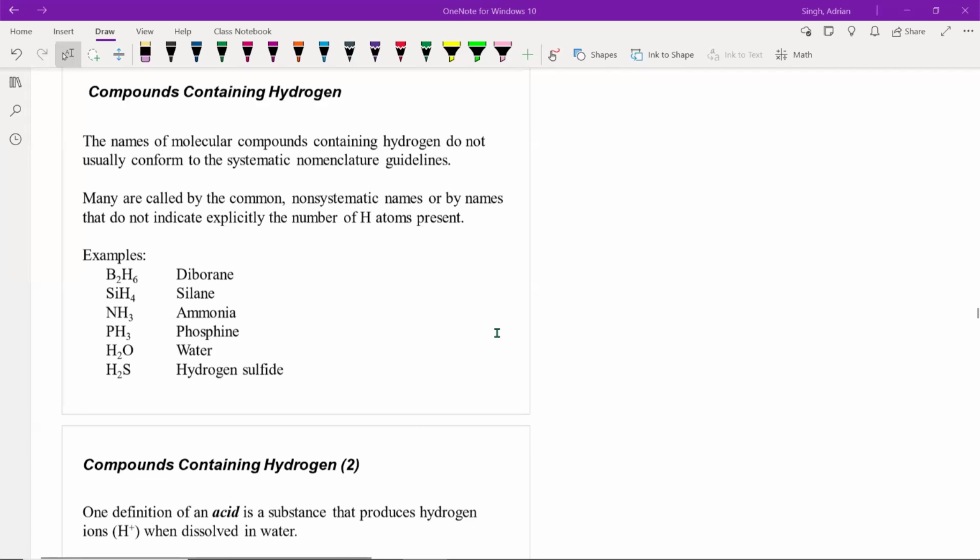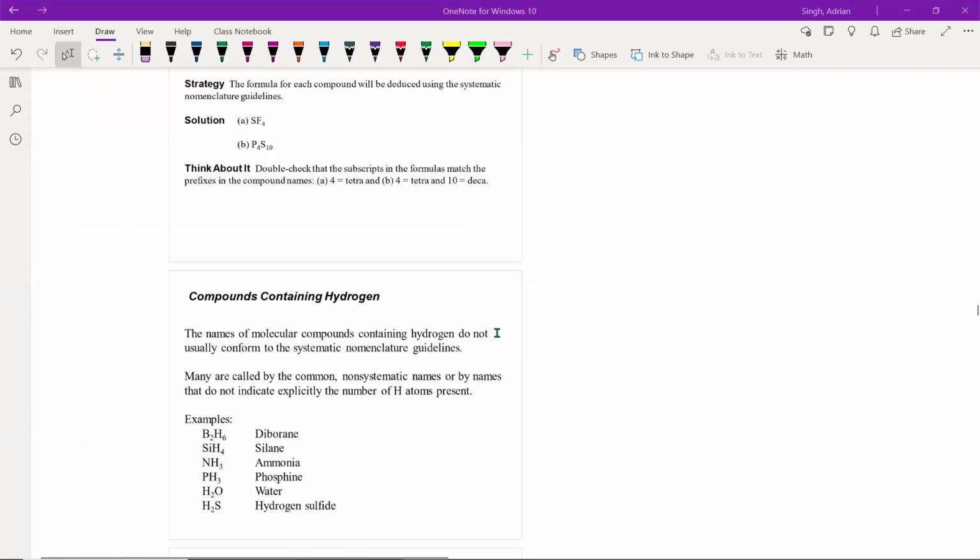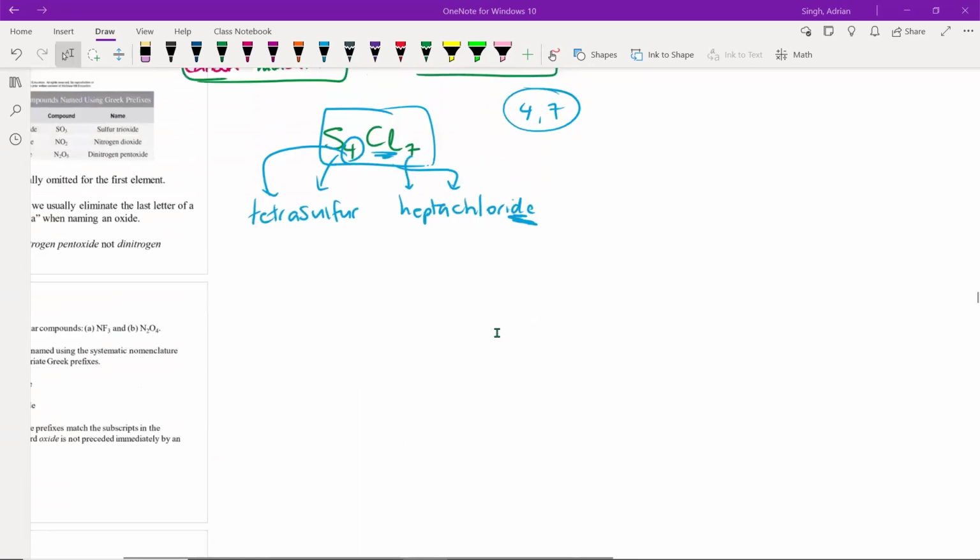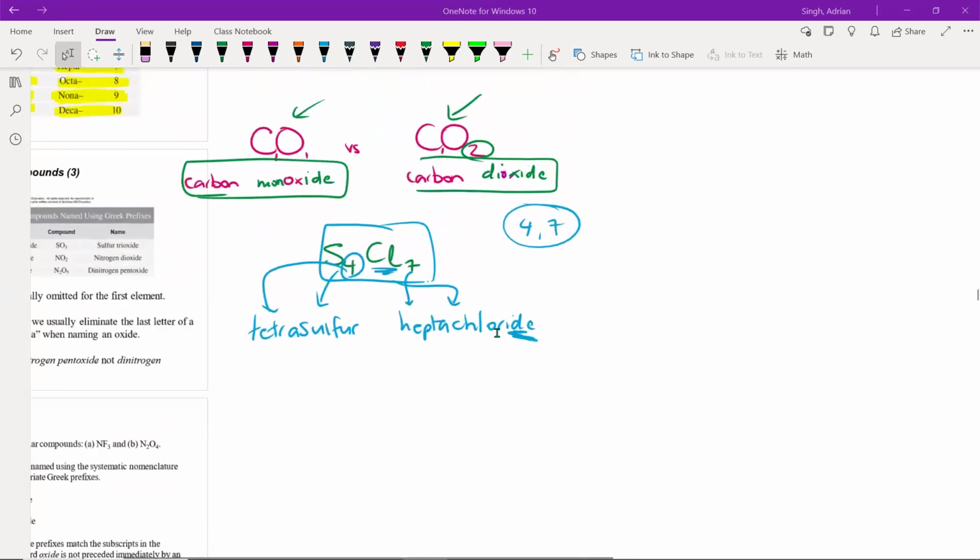So we've seen the systematic ways to name our covalent compounds. And just so that you know, because we'll see this term again, the systematic naming convention is known as the IUPAC system.